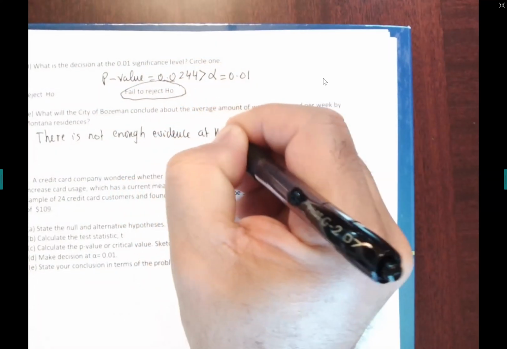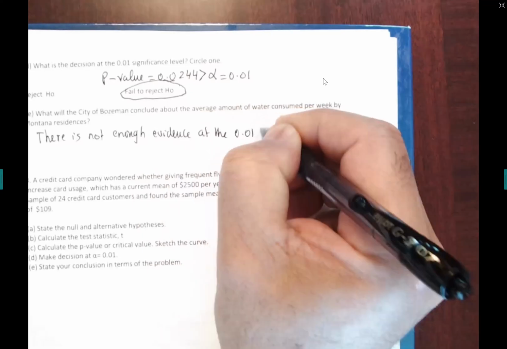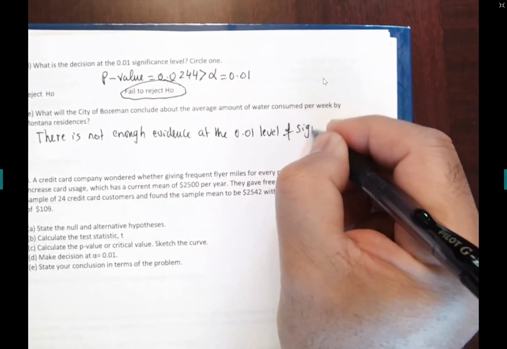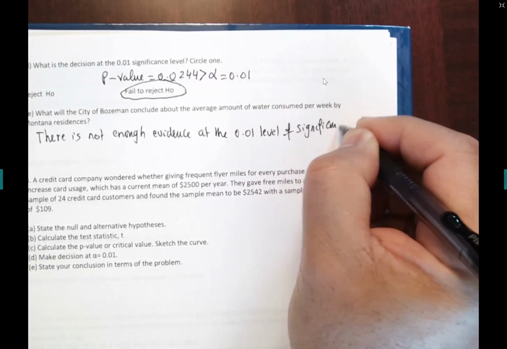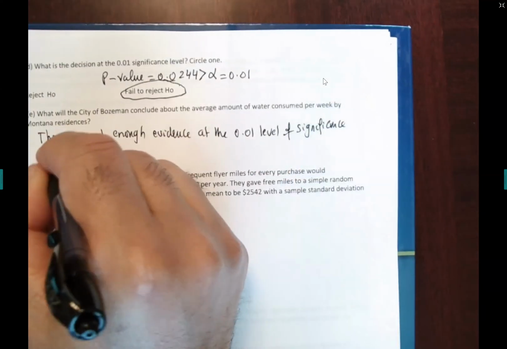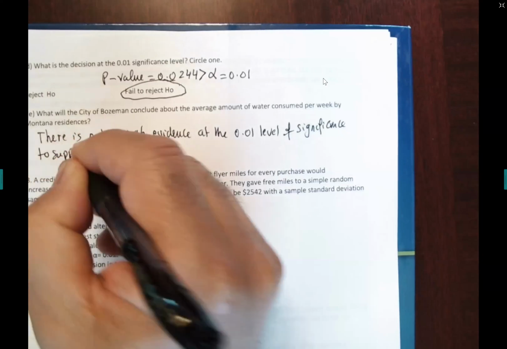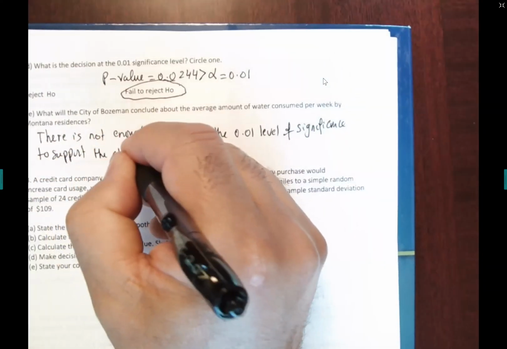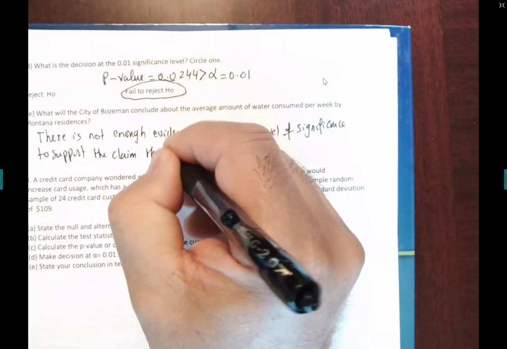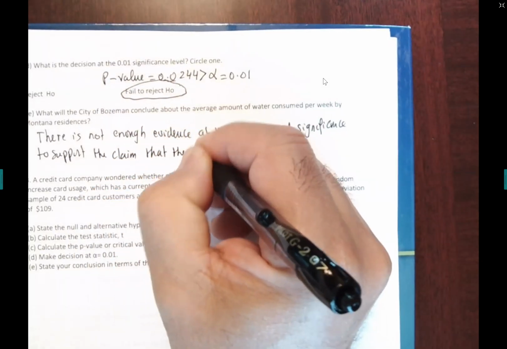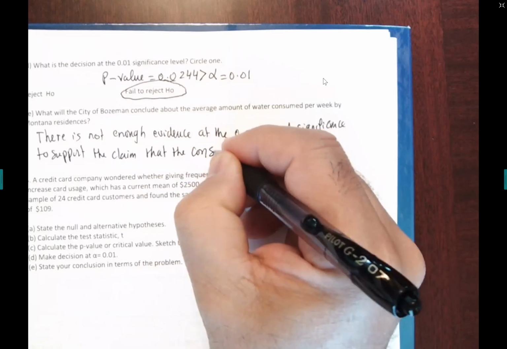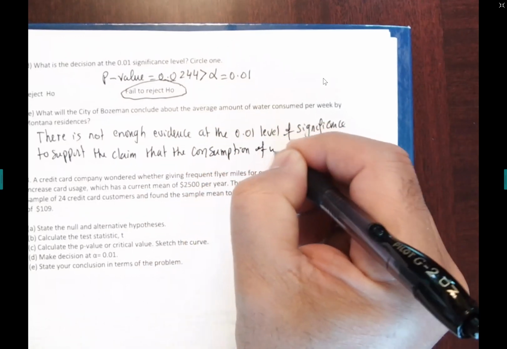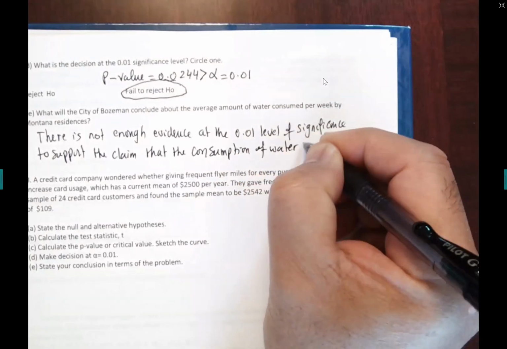At the 1%, the 0.01 level of significance, there is not enough evidence to support the claim that the consumption of water is different from 125 gallons.